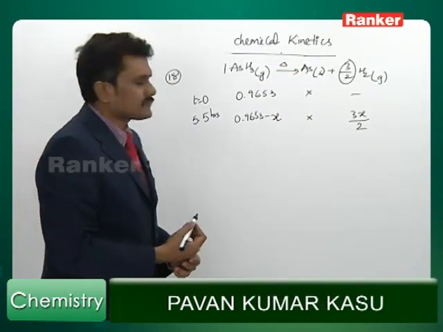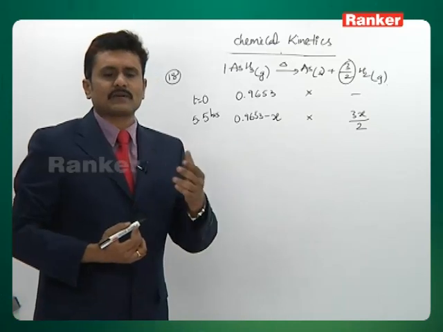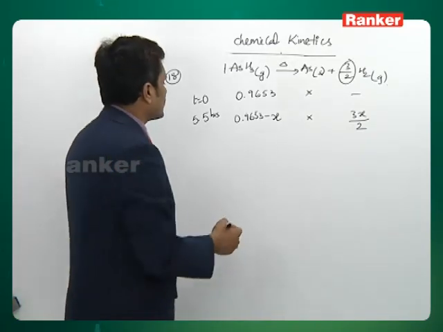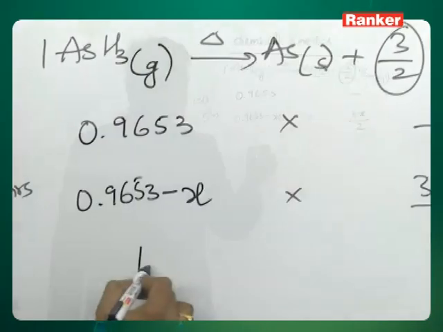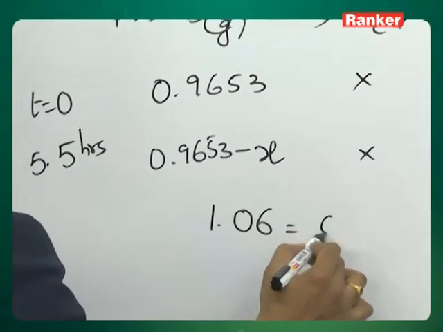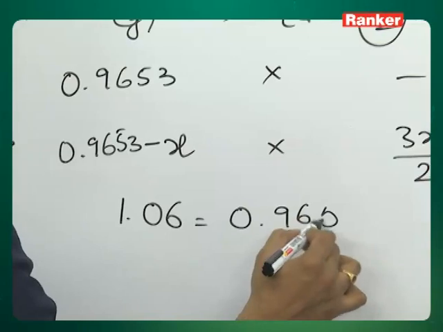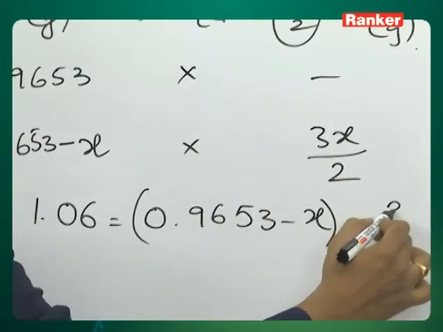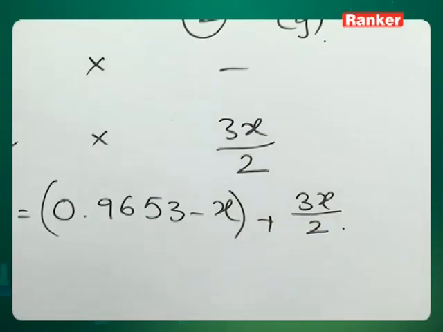Now we know that after 5.5 hours the total pressure is found to be 1.06 atm. So 1.06 atm, the total pressure, is equal to the sum of the partial pressures of all remaining gases, that is the pressure of arsine and pressure of H2 gas.